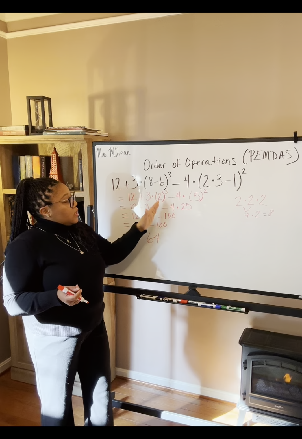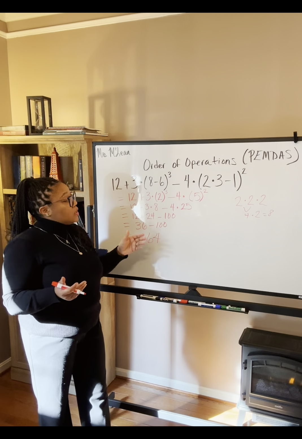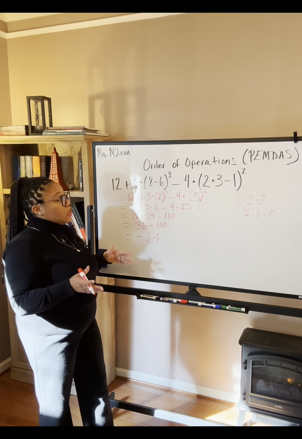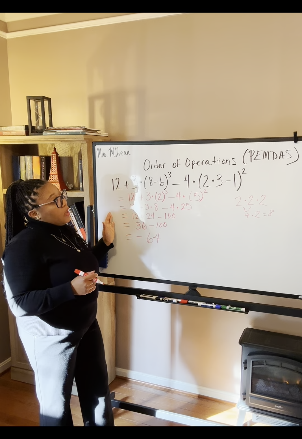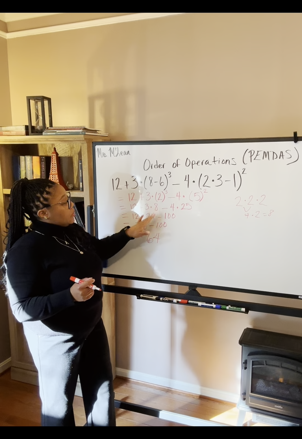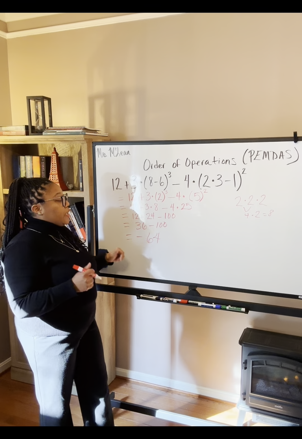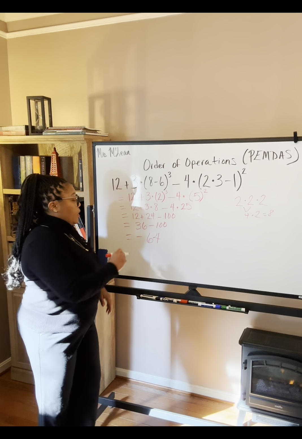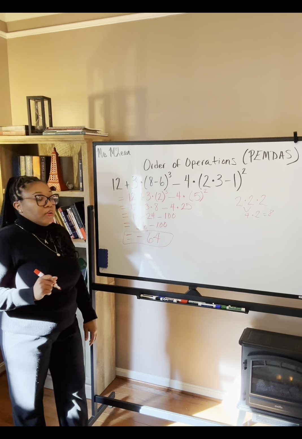Then we break down our exponents, okay? Then if you have any division in your problem, you're going to break down any division, which in this case, we didn't have any division. Next, we're going to break down any multiplication. Okay, so multiplication, we break that down, okay? And then our addition and subtraction, okay? And in this case, our final answer was negative 64, okay?